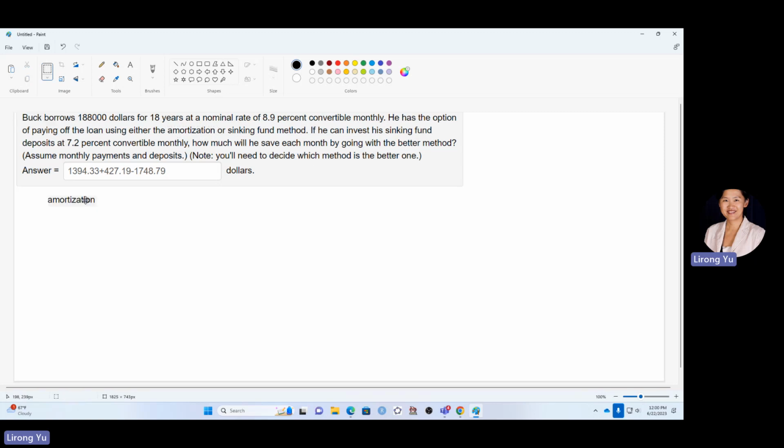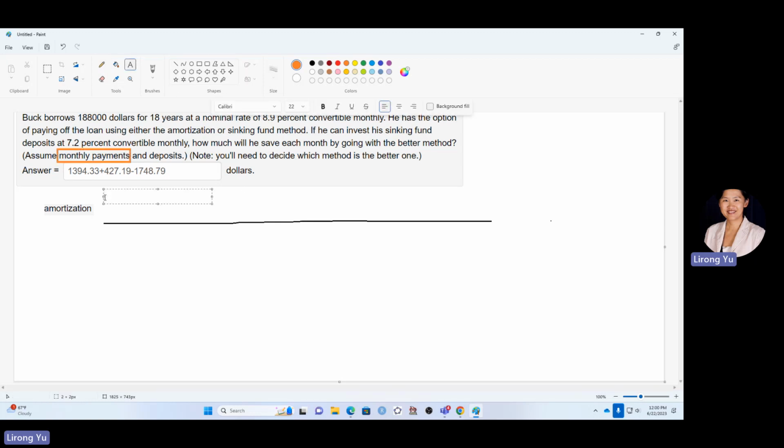This is more familiar. Let's assume that you are paying a monthly payment, because it says here that we were supposed to make monthly payments to pay off the loan, and we're paying it off in 18 years. So how many payments do we get in total?